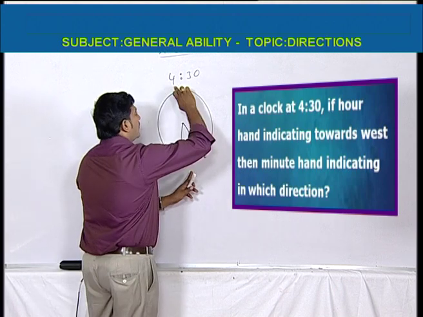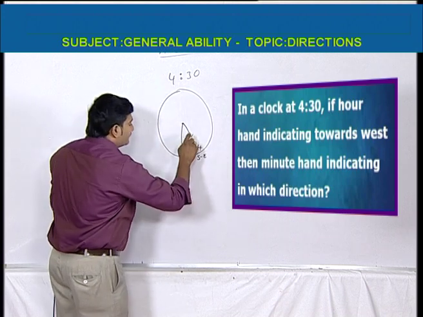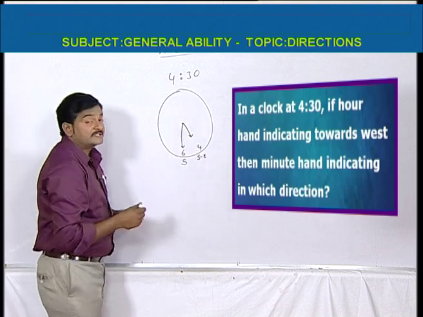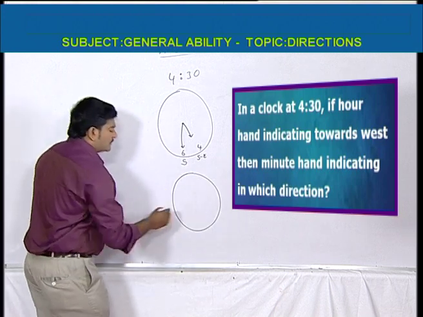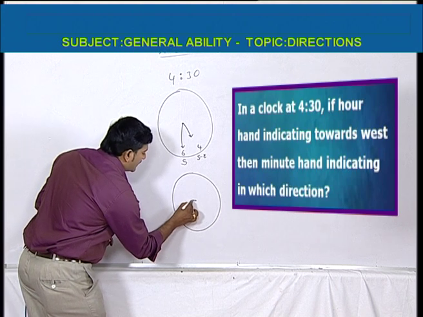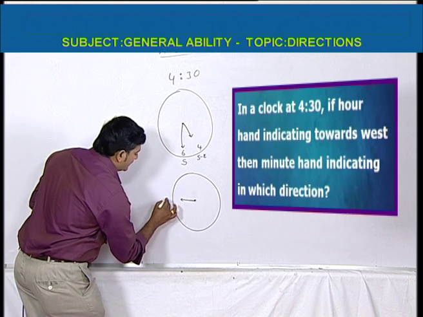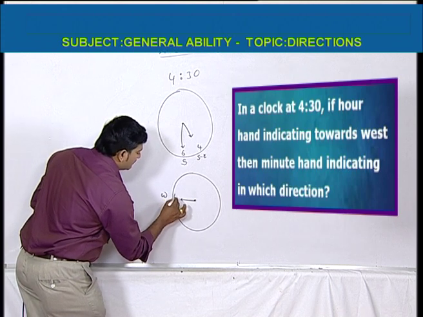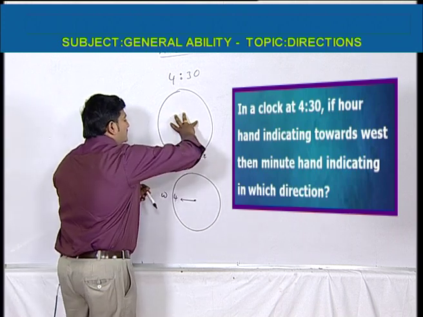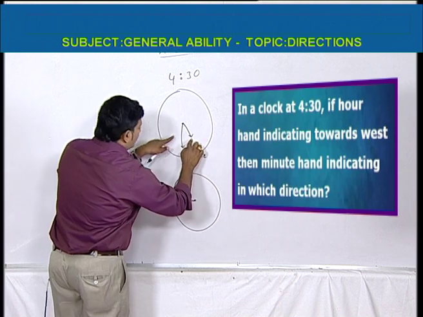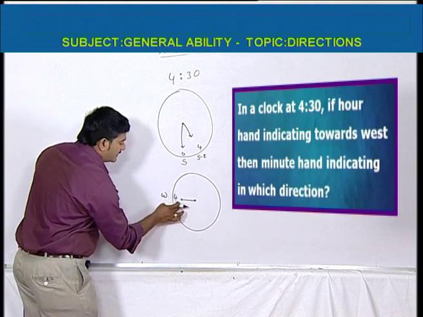So now we have to rotate this clock in such a way that the hour hand is indicating west direction. Simply we have to rotate the given clock. Think that I am rotating this clock so that the hour hand is indicating west.